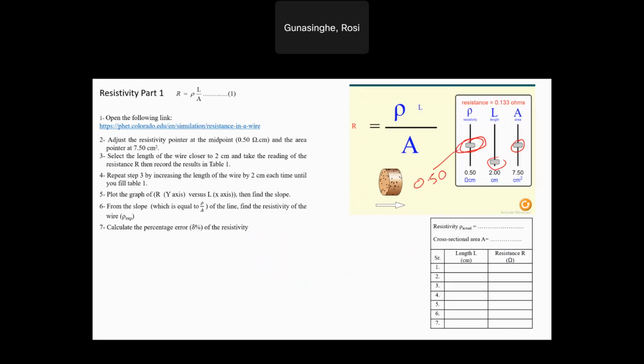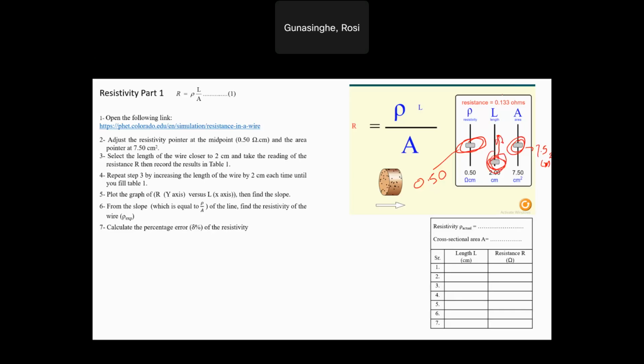That is the midpoint, so you might not have to change it. And the area is at the midpoint, which is 7.5 square centimeters. So keep them as they are. The only thing that you're going to change is the length of the resistor. You can drag it up or down to change the length.